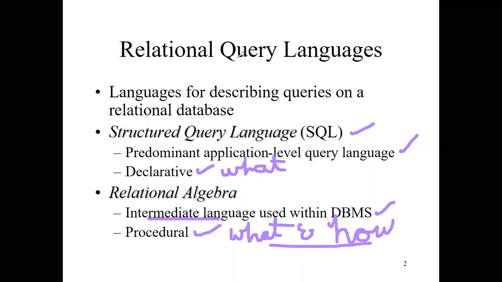So a relational query language is a language for describing queries on the relational database. We have two types of query language, procedural and non-procedural. Procedural is nothing but relational algebra. It tells what data is to be accessed and how it has to be accessed.